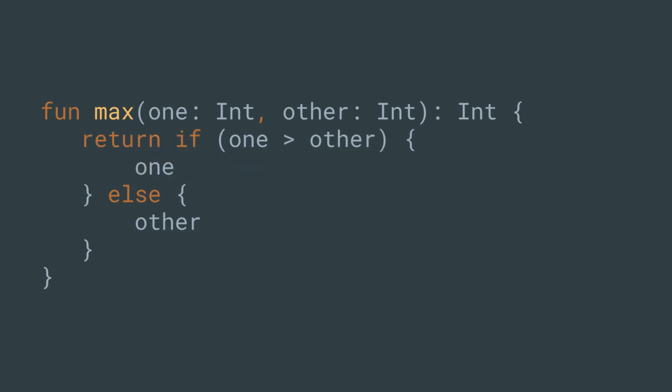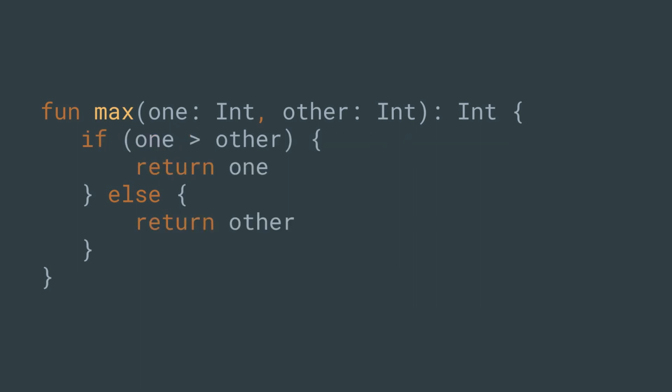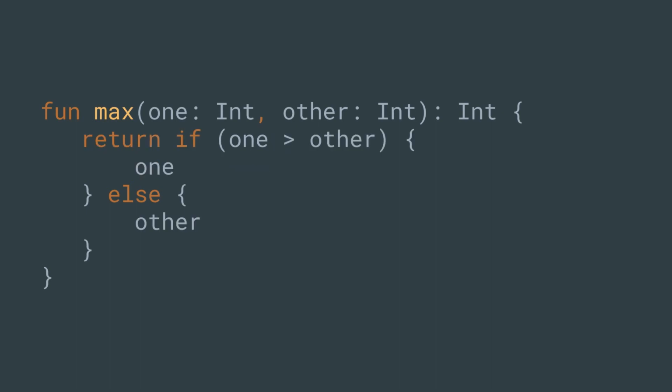It's actually an expression. So instead of doing if one bigger than another, return one or return another, we can just say return and the actual value of the if, because if itself is an expression that's always evaluated to the last statement on the corresponding branch.